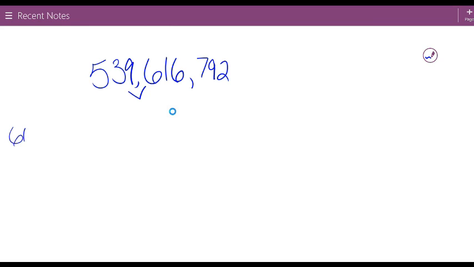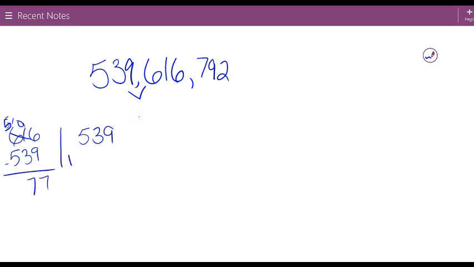So we're going to start with 616 and divide it by 539, which in this case goes 1 time. 539, do our subtraction. 77.